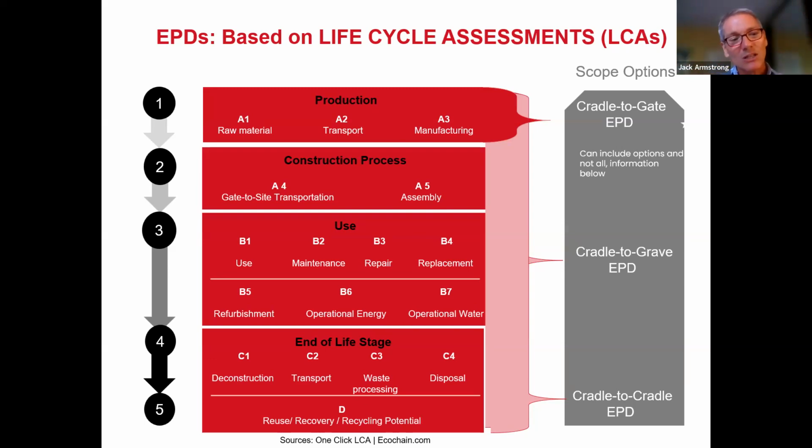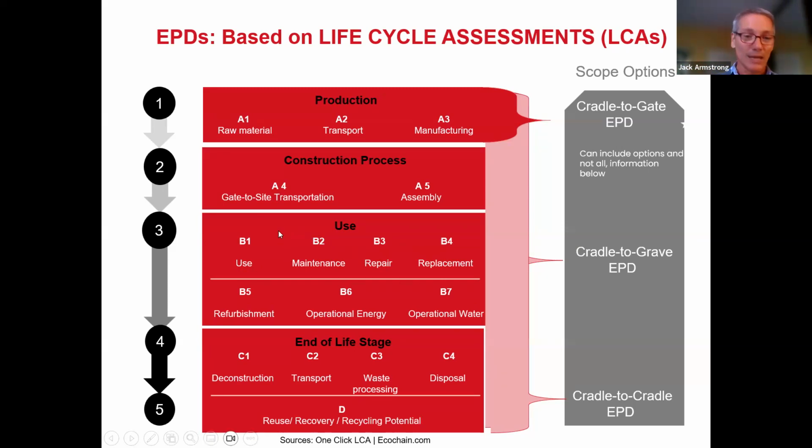As we transition into the use phase, where item number 3, the black circle, is showing, that's really the use phase of the building once people move into it and it's already constructed. So you have elements B1 through B7. B1 is the use phase of the building and the products in the building. B2 is any maintenance or repair, B3 and B4.